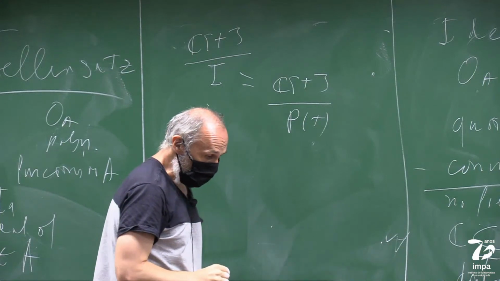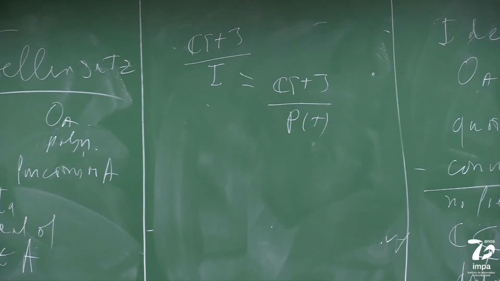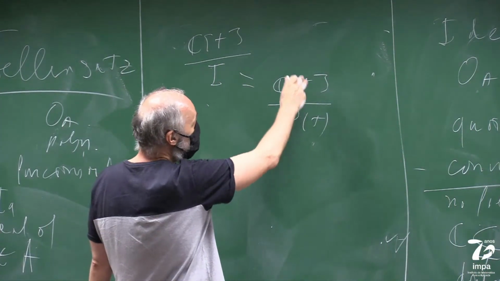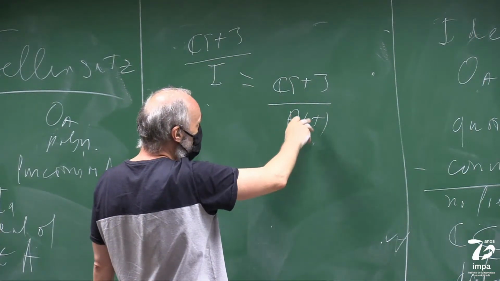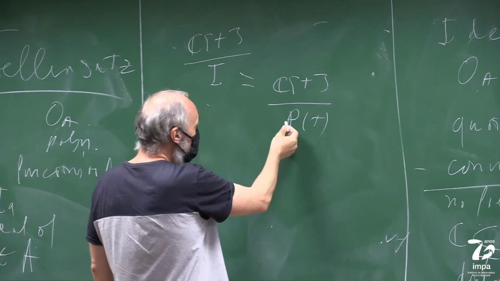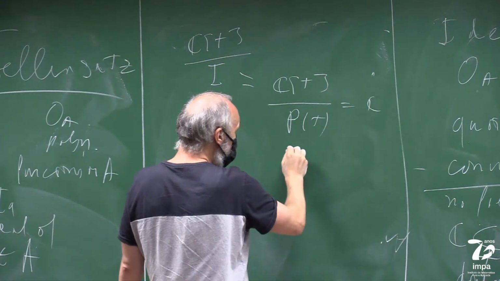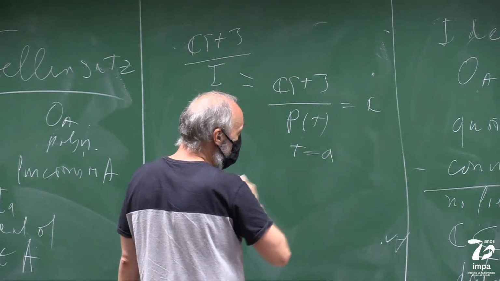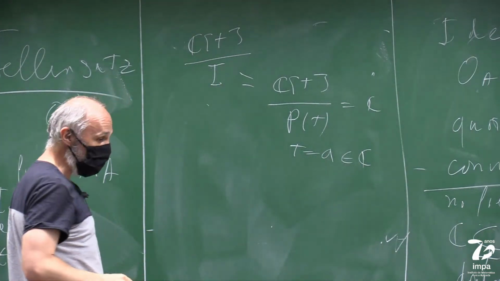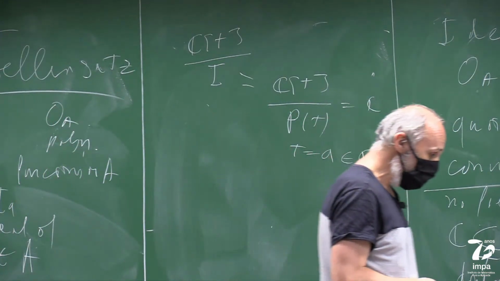But every polynomial of degree bigger than 1 is reducible. You can easily see that this can happen only if, by the fundamental theorem of algebra, this quotient will be equal to C, and t will be equal to some a inside C. Otherwise, this quotient is not a field at all. It will have zero divisors.